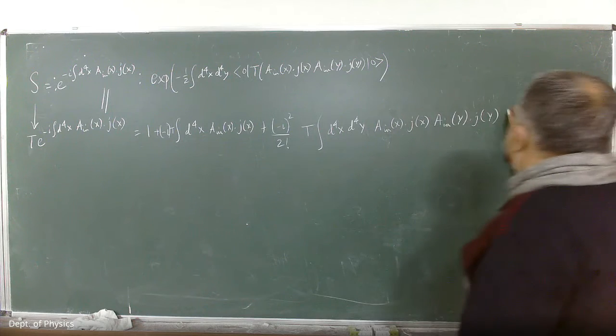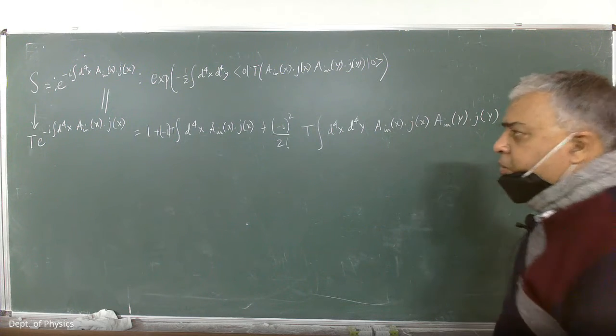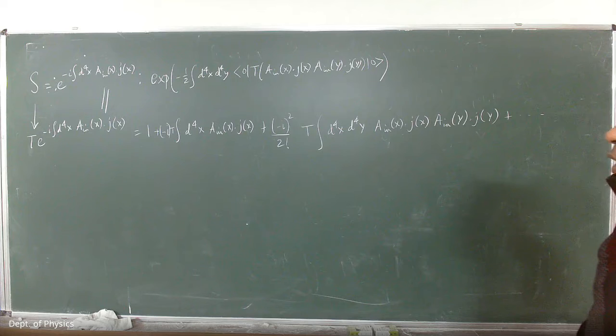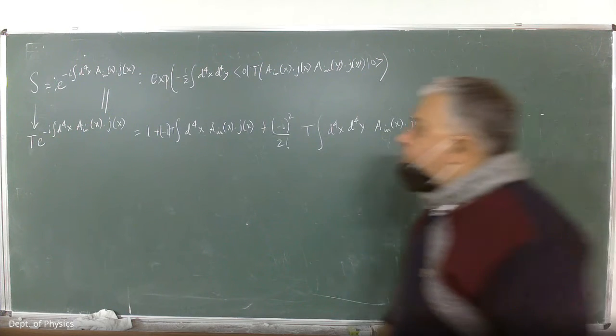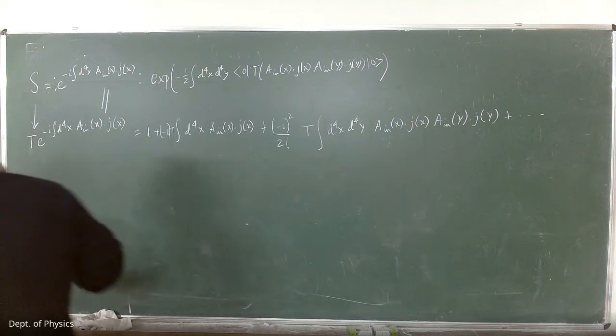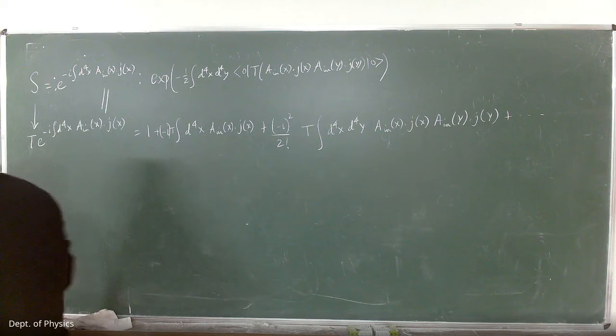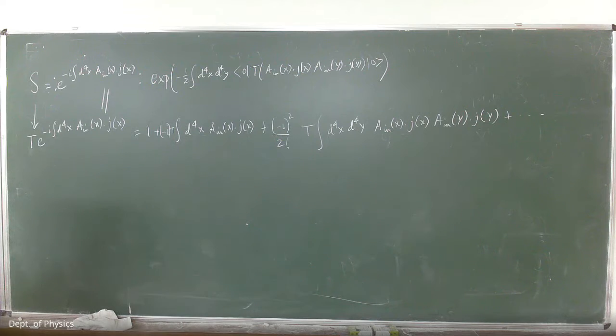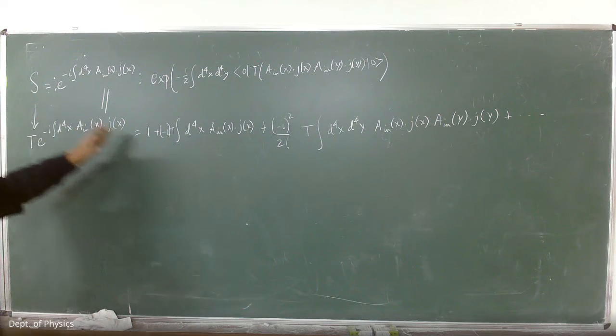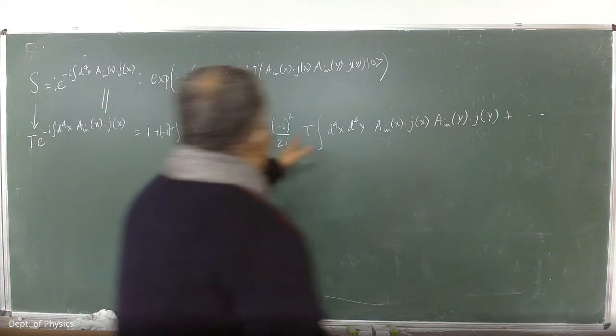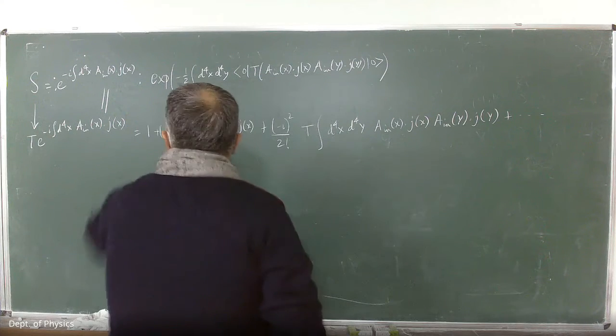Okay, and these will go. This is the left hand side. Right hand side: since it's normal ordered, except for the time ordering, you will have a normal ordered product for the first factor.